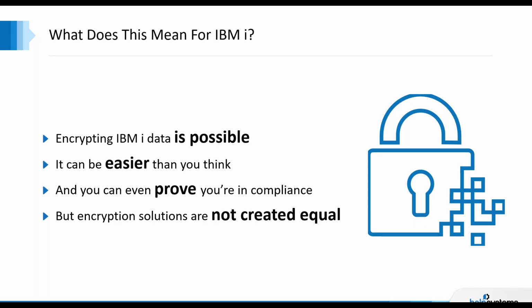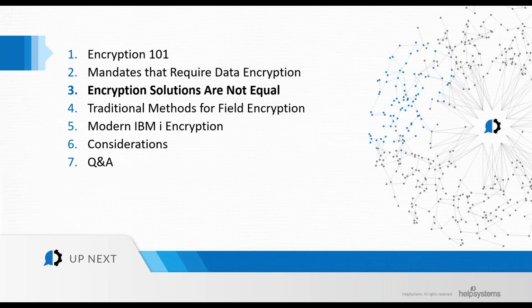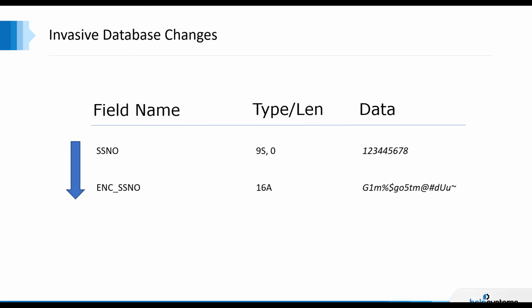What we have to recognize is that the way we encrypt data, the methodologies we use, were not created equal, at least as it pertains to IBM i. And we have to understand, as I said earlier, the pros and cons of each of those approaches. So let's jump in and talk about what the differences are and some of the things you may have heard about in the pros and cons of each one.